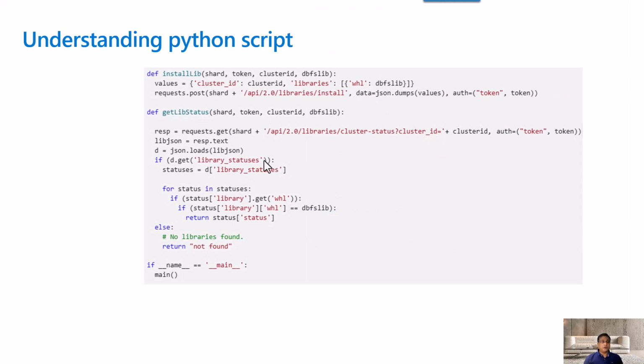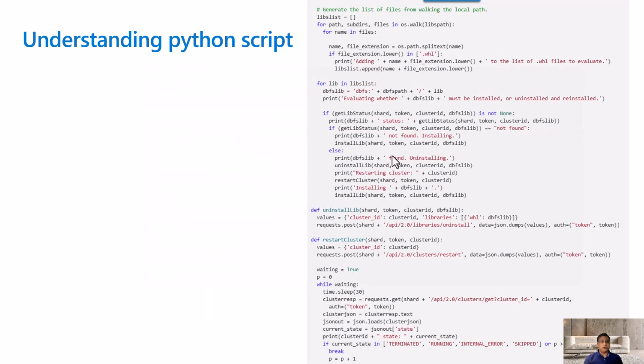If no library is found, then it says not found. This is the main part of the code which does the main job for you. If the status is none, then it is going to give you the status, and if it is not found, then it is going to install. If it is found, then it is going to uninstall it, restart the cluster, and then install it. So this is the fundamental logic of it.